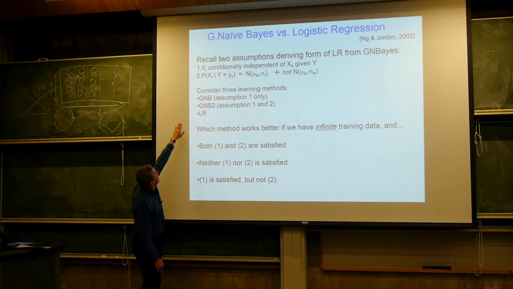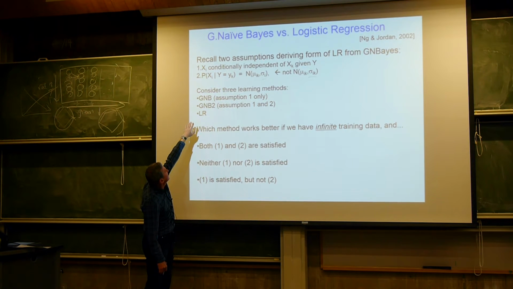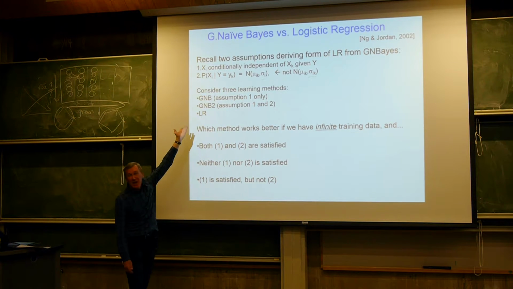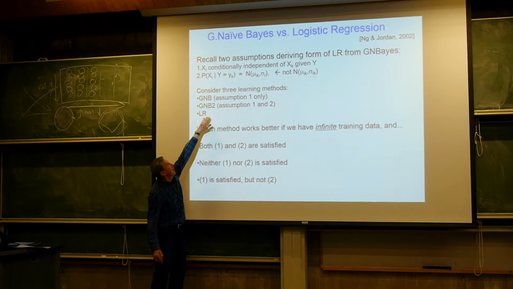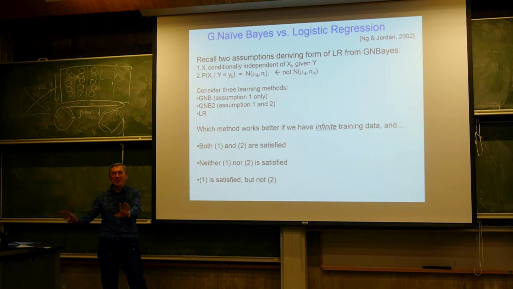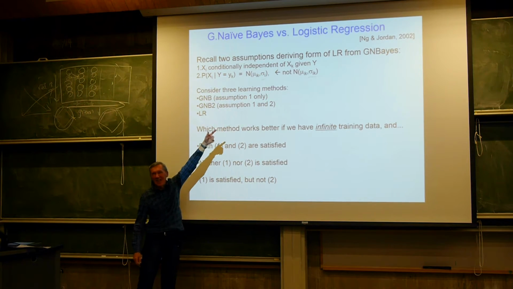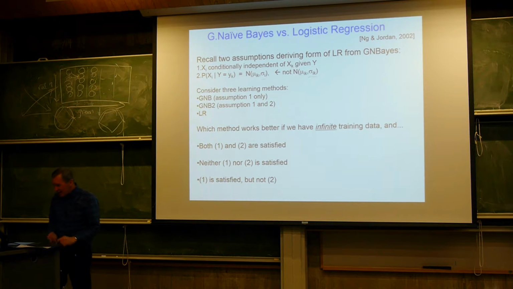Okay, so I'm going to call Gaussian naive Bayes the more general of those. And I'll define this other algorithm, Gaussian naive Bayes version 2, that also makes that restrictive assumption. So the big picture is that this is going to be a linear decision surface. And this can be nonlinear. And logistic regression, of course, linear.